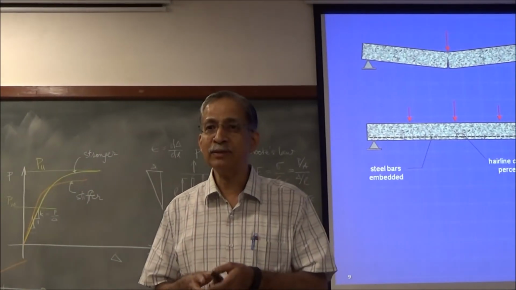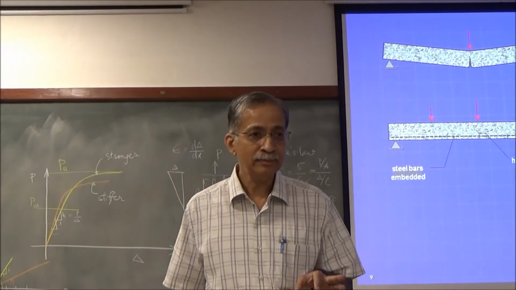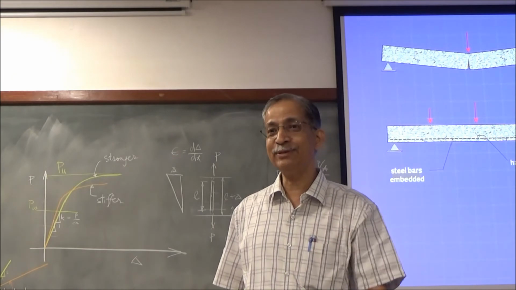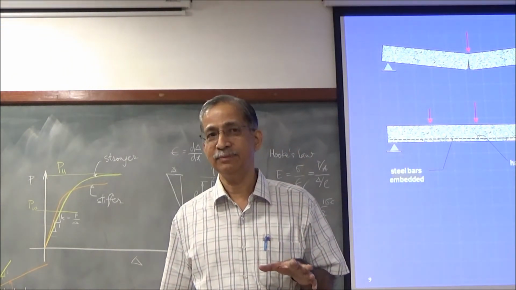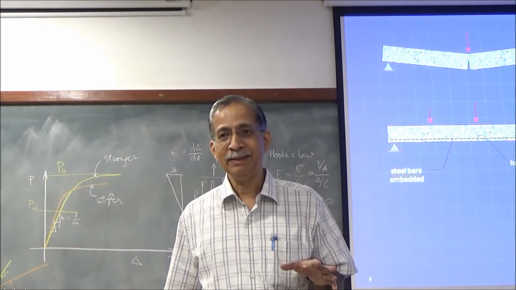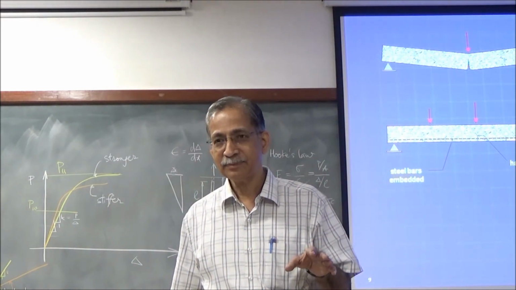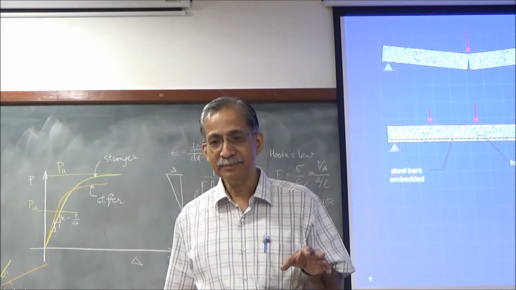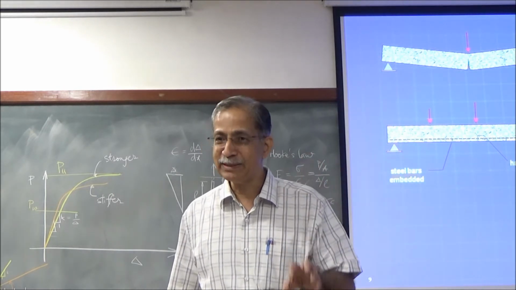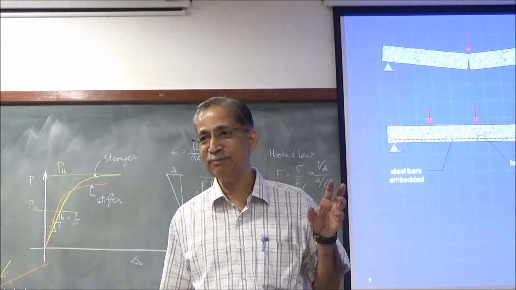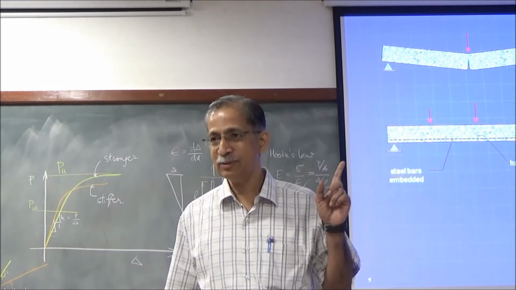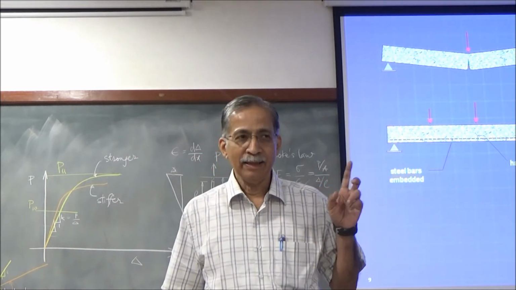It works because they have the same coefficient of thermal expansion, more or less, not exactly. Very important property. What else? They bond to each other very well. Bond is absolutely important. These two, steel and concrete.